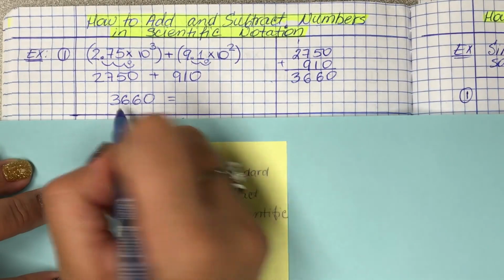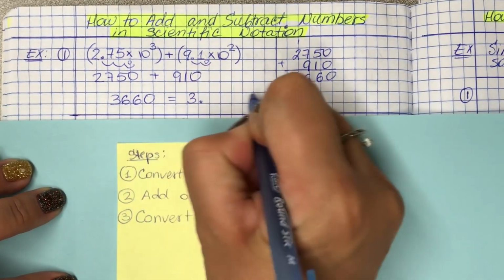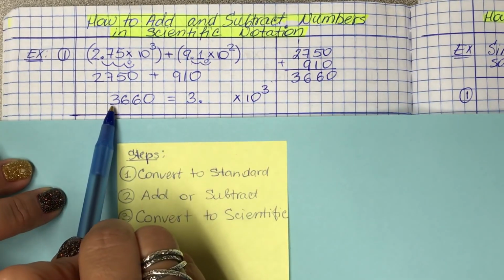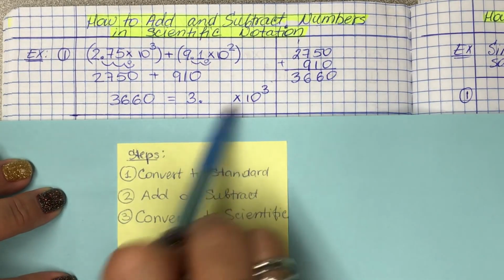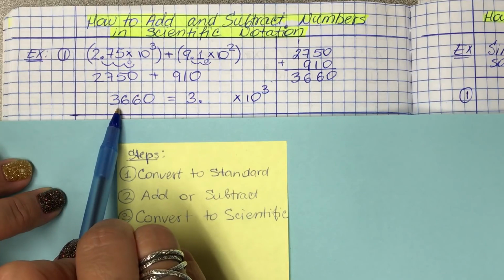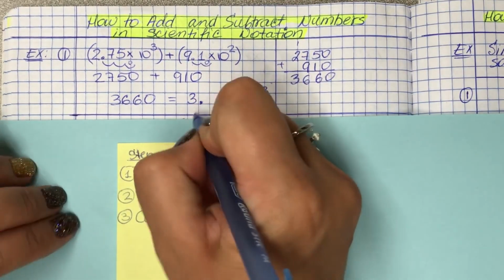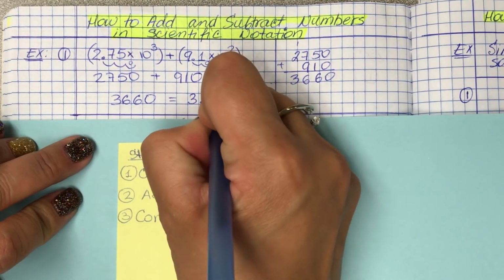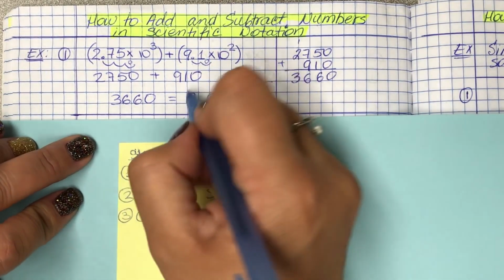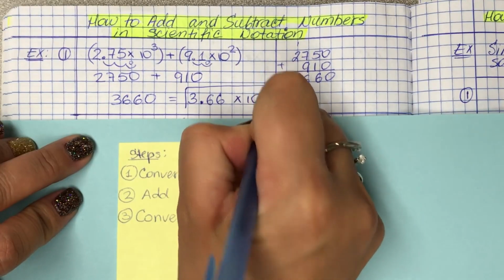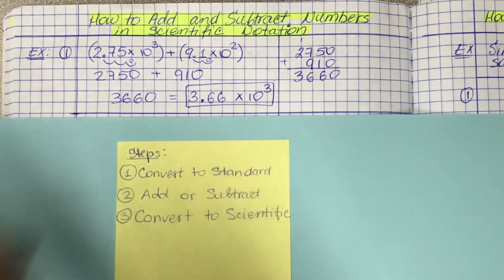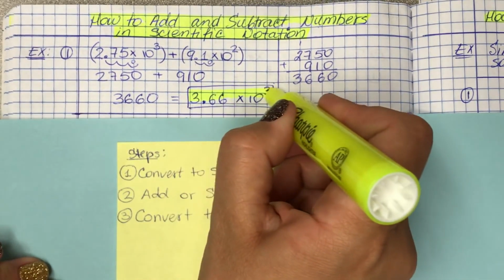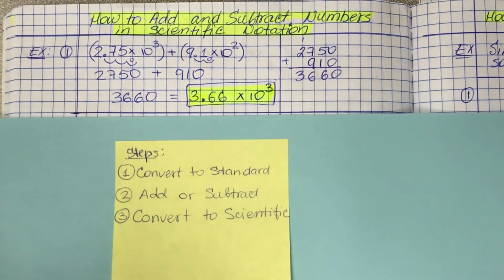That will be 3 times 10 to the third power, because 3,000 means 3 times 1,000, which is 10 to the third power. The decimal is after the first significant digit, and we have 66 behind. The last 0 we don't need to write. Then that becomes our final answer in proper scientific notation, 3.66 times 10 to the third power.